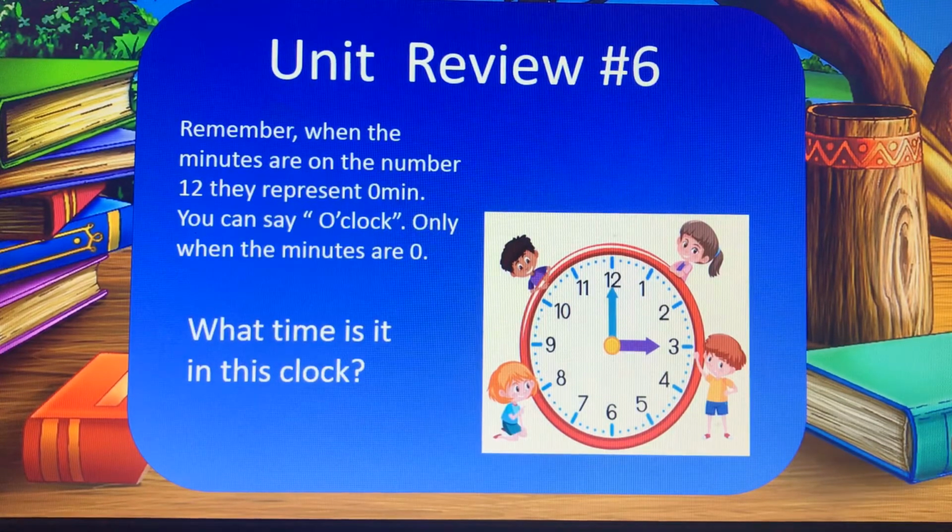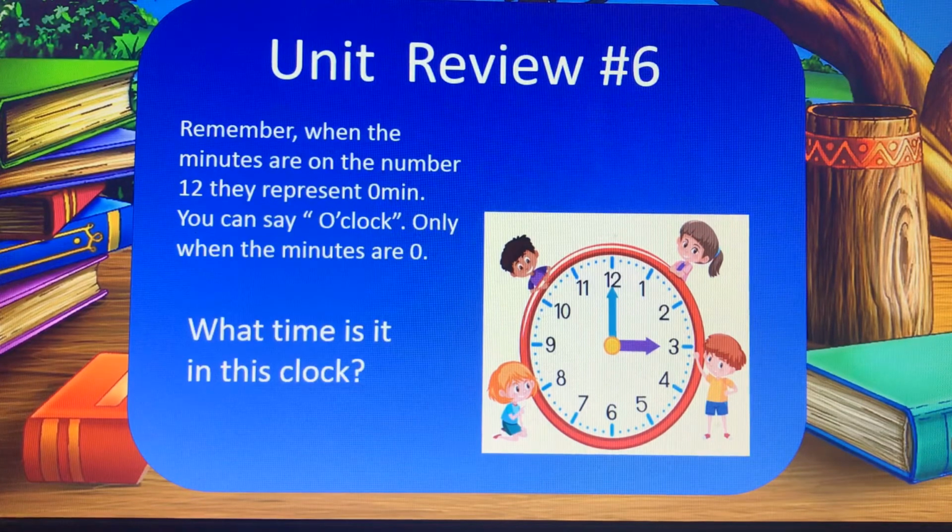Now, remember, when the minutes are on the number 12, they represent 0 minutes. So, you can say o'clock only when the minutes are 0. That means that when the minute bar is in number 12, we can say o'clock. Now, let's look at the image and tell me, what time is it in this clock?